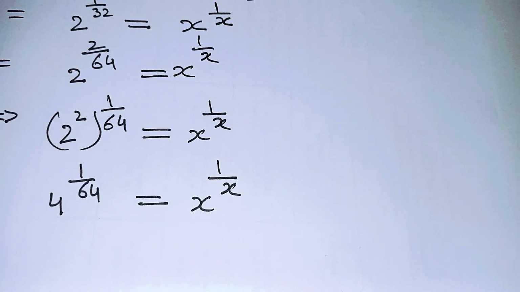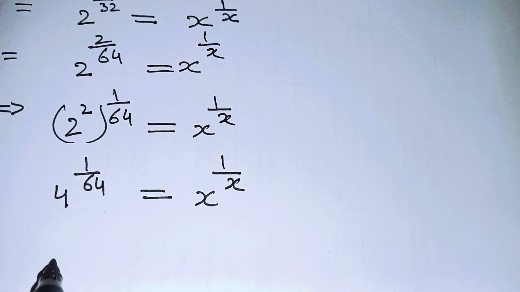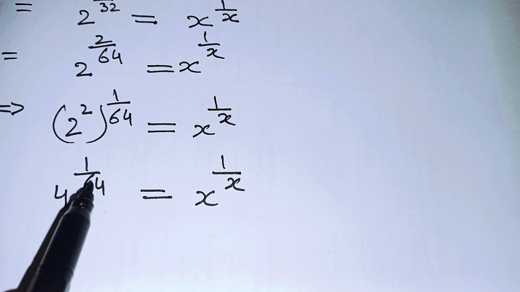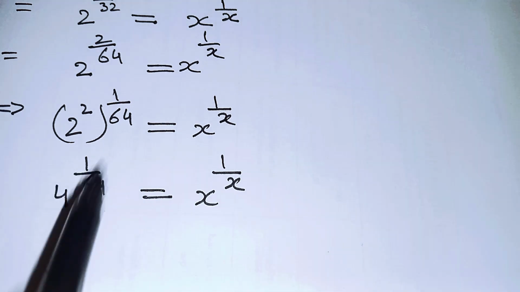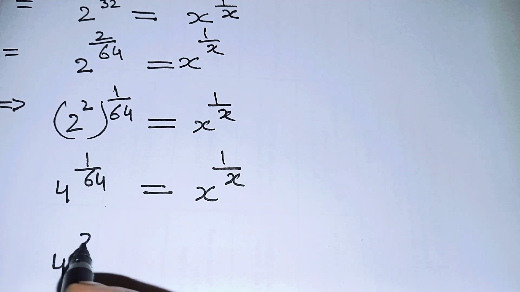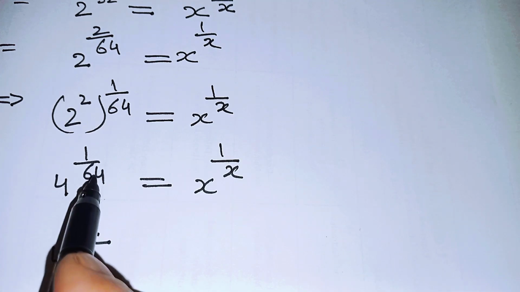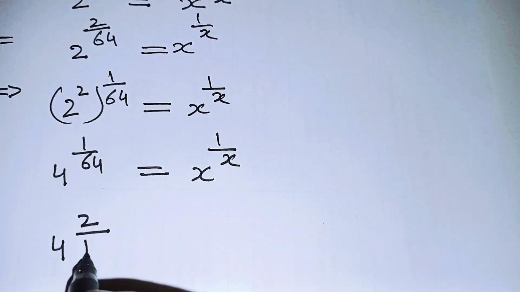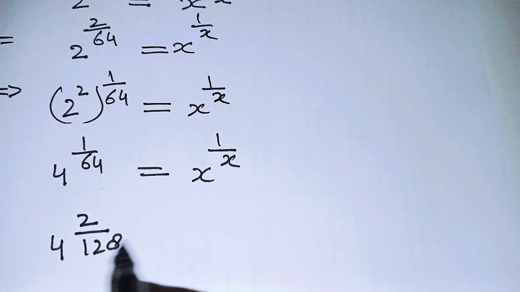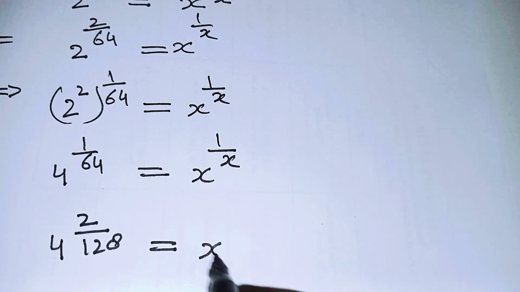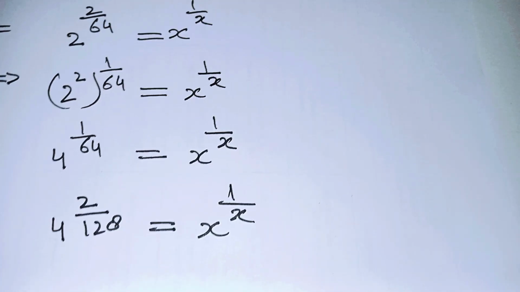So here again we multiply 2 with this exponent 1 over 64. So 2 ones are 2, then over 64 2s are 128, and this is equal to x to the power of 1 over x.